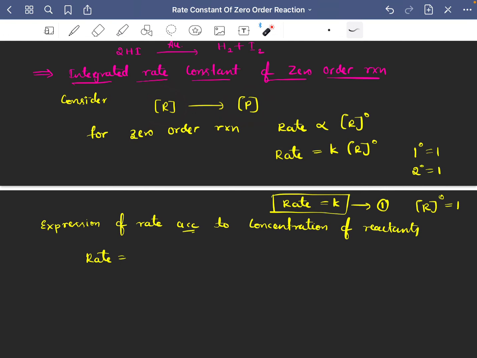So this can be written like this: minus of change in concentration of reactants with respect to time is equal to change in concentration of products with respect to time. See, here a negative sign because concentration of reactants decreases, and here a positive sign because concentration of products increases, right? So we can write rate is equal to minus change in concentration of reactant with respect to time, and this minus symbol indicates decrease in concentration of reactant.